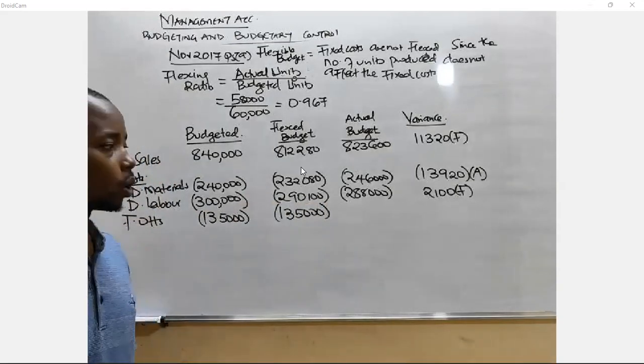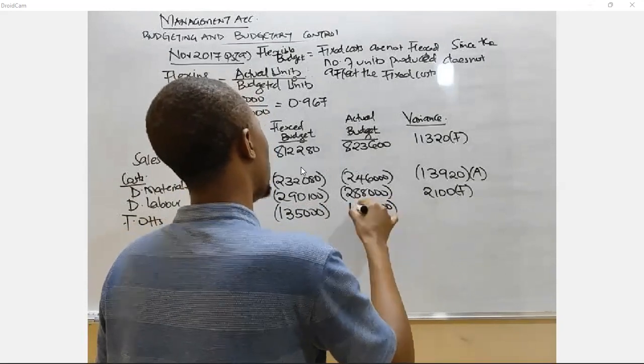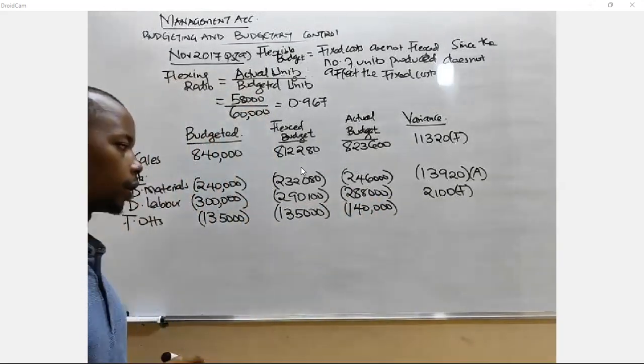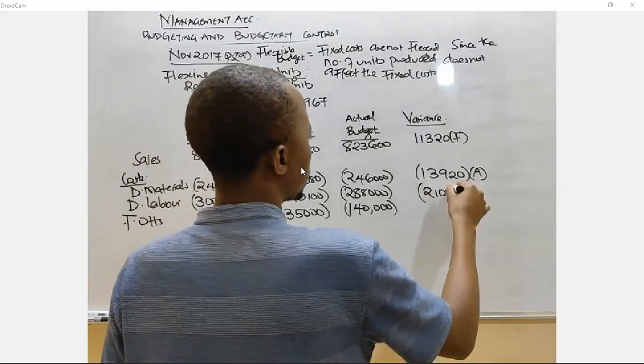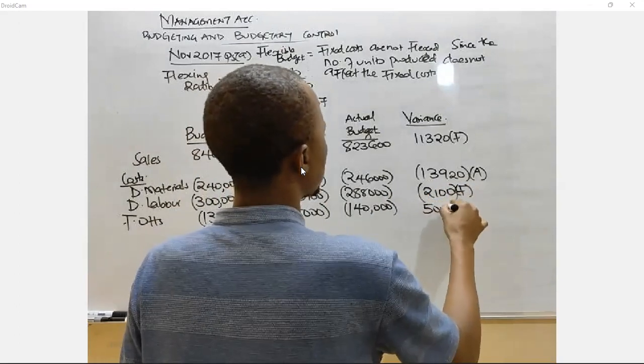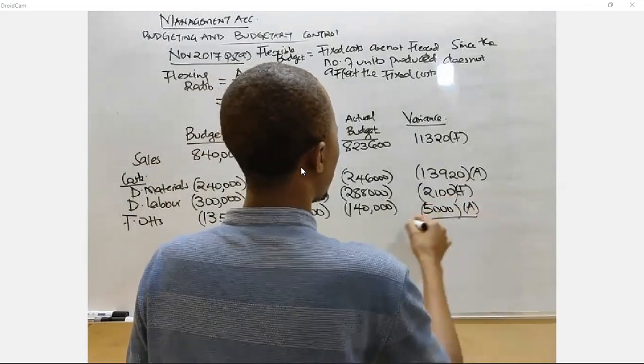Then the actual was 140,000. I know you are not happy. You have spent more than what you budgeted by 5,000 shillings. This is adverse.